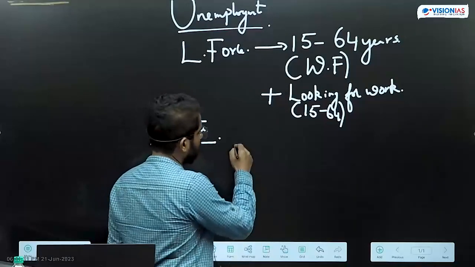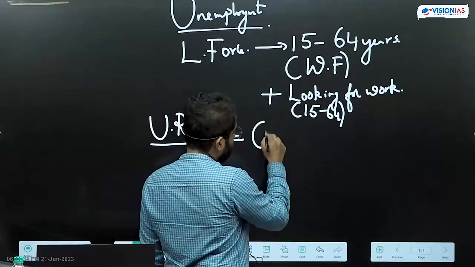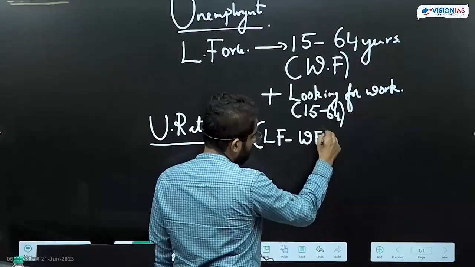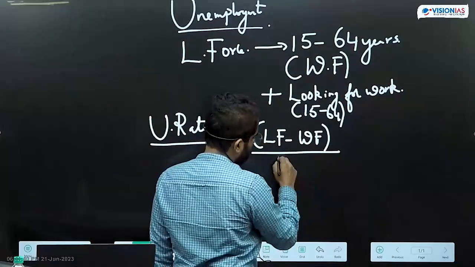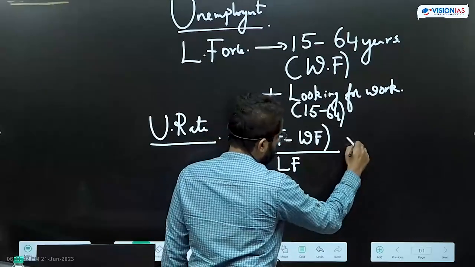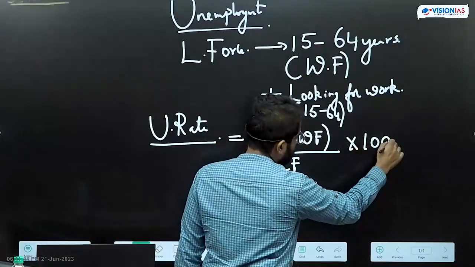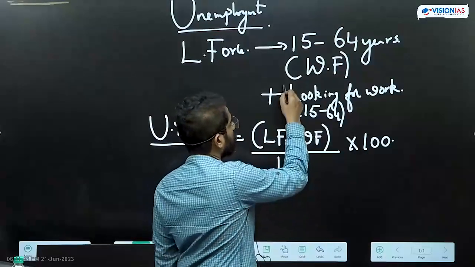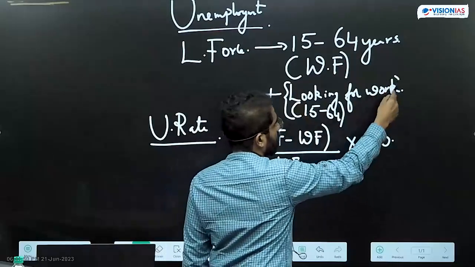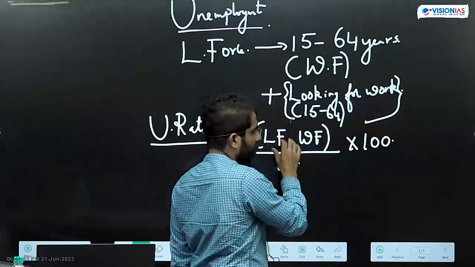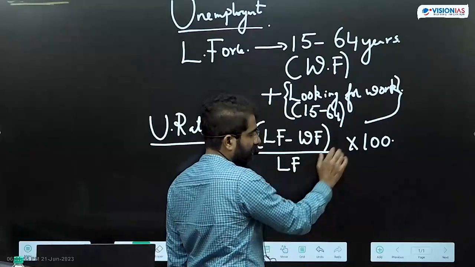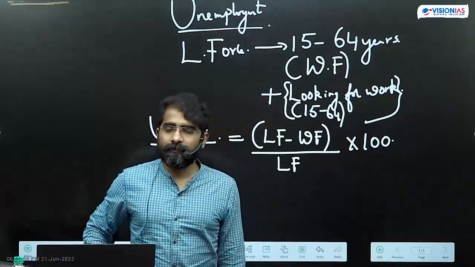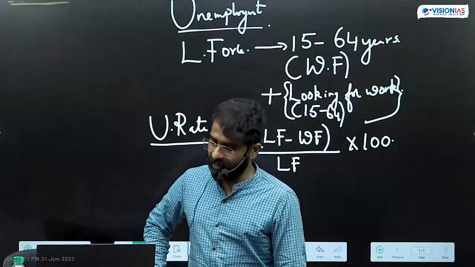Unemployment rate is nothing but labor force minus workforce, divided by labor force, into 100. Labor force minus workforce is those who are looking for work but have no work. Now in India there is one more problem.